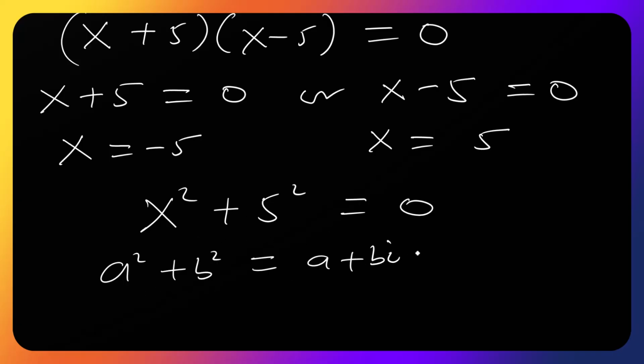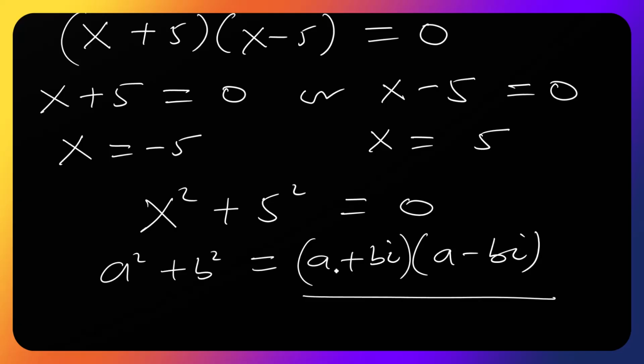Or the same as x squared, and this one will be on the right hand side. That will be negative 25. So when you take the square root, that will be plus or minus the square root of negative 25.